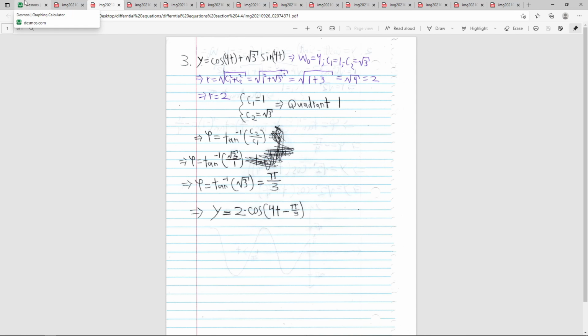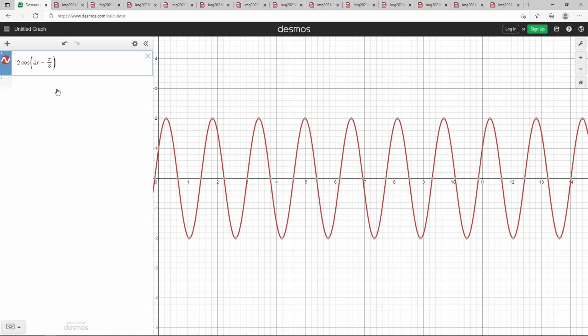It's 2 cosine 4t minus pi thirds, in terms of time. 2 is its amplitude, and the width of the peaks is based on the 4t minus pi thirds, the inside of the cosine.